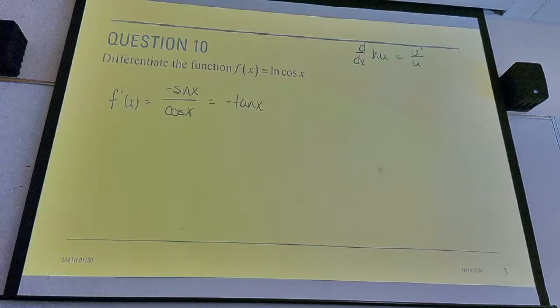Negative tangent of x. I'd be very sad if you left it with negative sine over cosine.